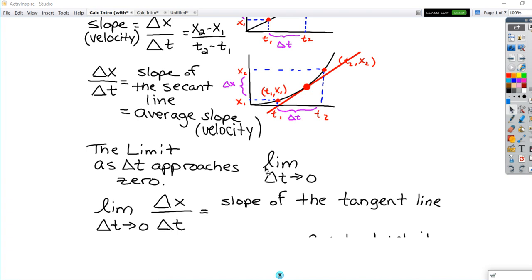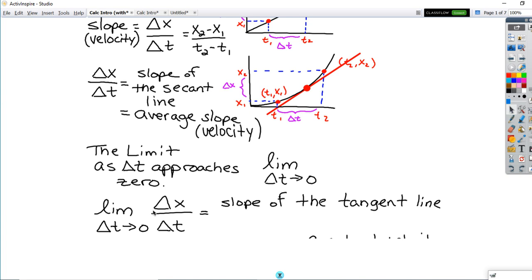We're going to write LIM for the abbreviation for limit, and under that we write delta t with an arrow to the right, 0. This reads the limit as delta t approaches 0. So you write this to represent this.